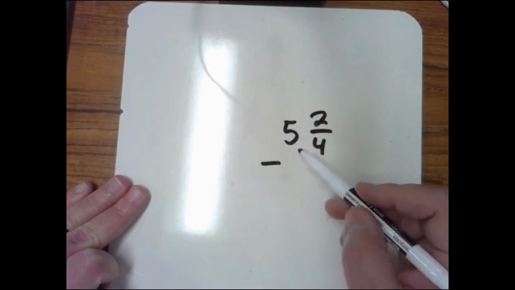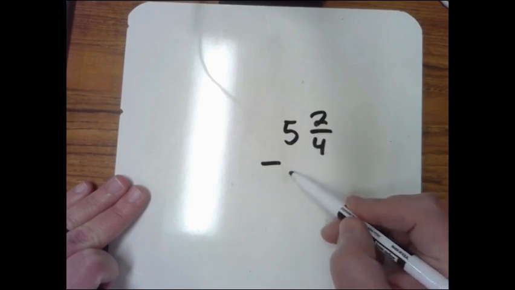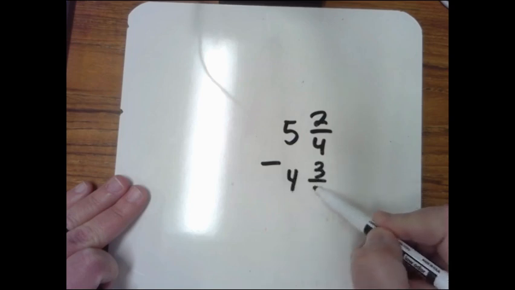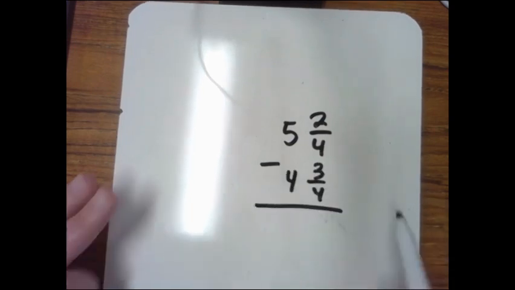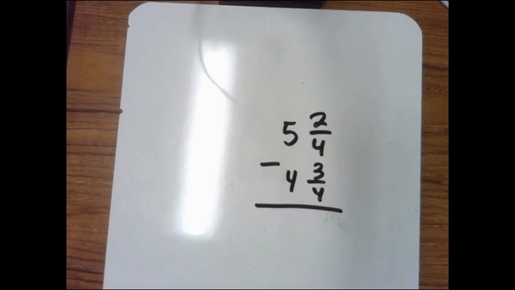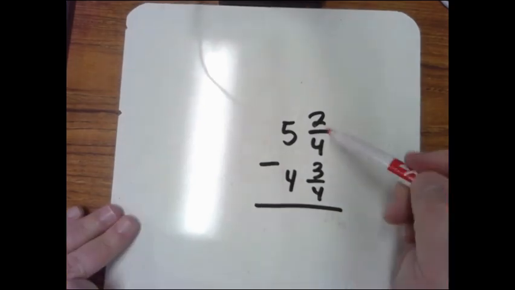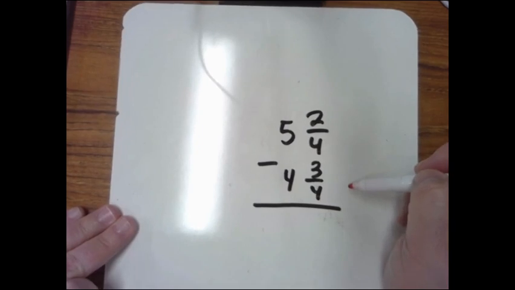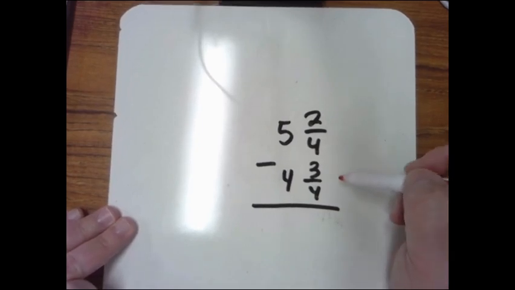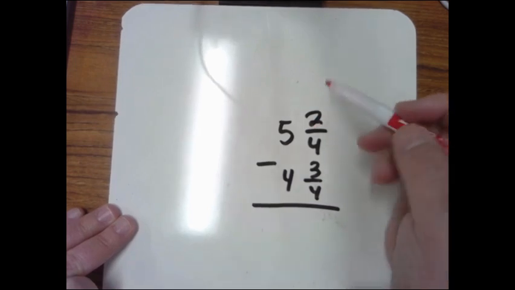So 5 2/4, take away 4 3/4. Okay, so we start with our fractions, and here we have 2/4, take away 3/4. Well, we can't do that, right? Because we only have 2/4, and we need to take away 3/4. So we need to trade.